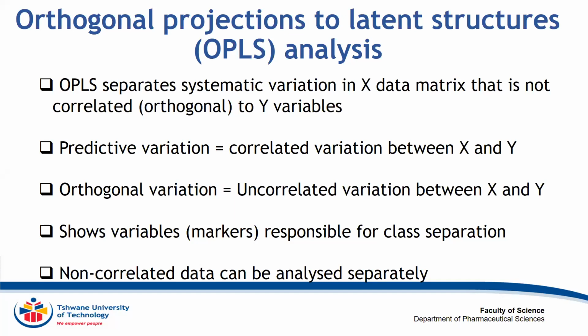So that one is uncorrelated variation between X and Y. It seeks to separate the two so that you can have useful information related to the class separation. And then it is also able to look at the non-correlated data, and you can analyze it separately to see what information is contained in there.